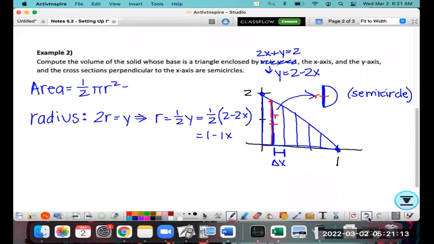Okay, so let's get up here, replace the r with 1 minus x. And that's going to end up getting squared, but because I'm running out of room and would like to not do too much thinking in my head, I'm just going to write 1 minus x twice to represent r squared.